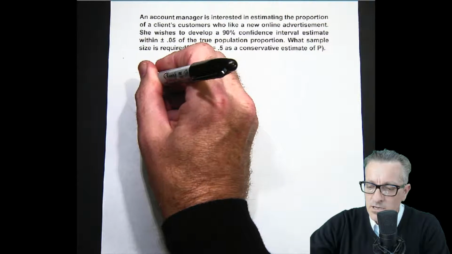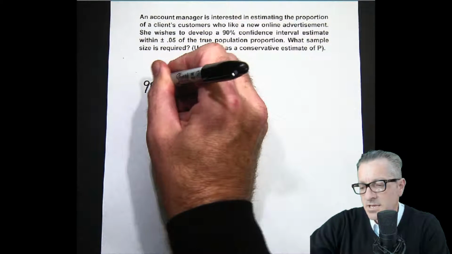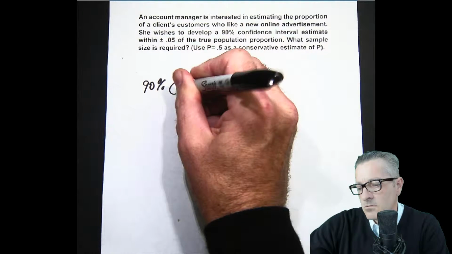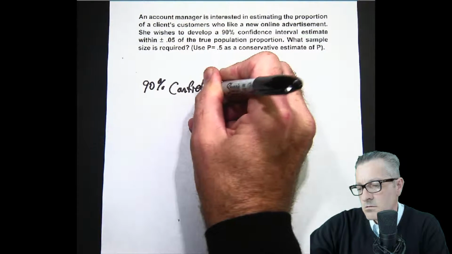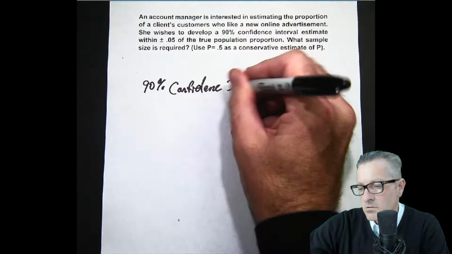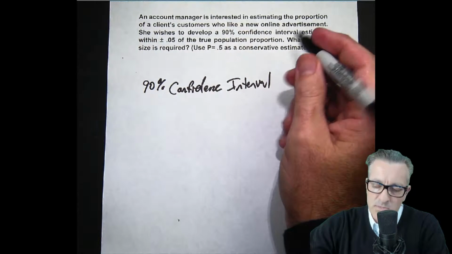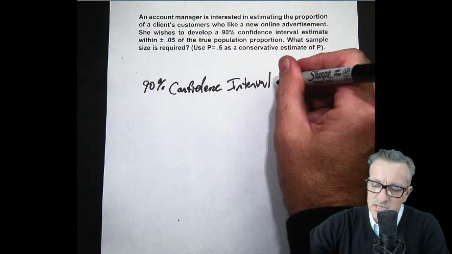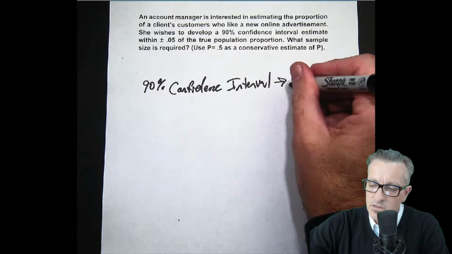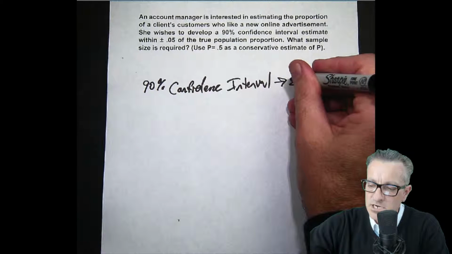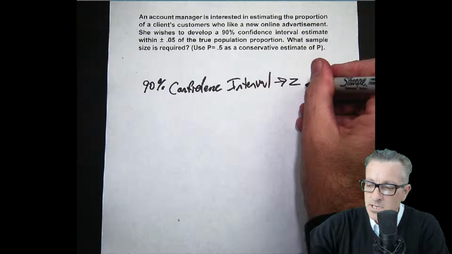So we know that we're dealing with a 90% confidence interval. And for us, what that means is we're going to have to look up the z value for that. It's actually the z-score that we're going to get.